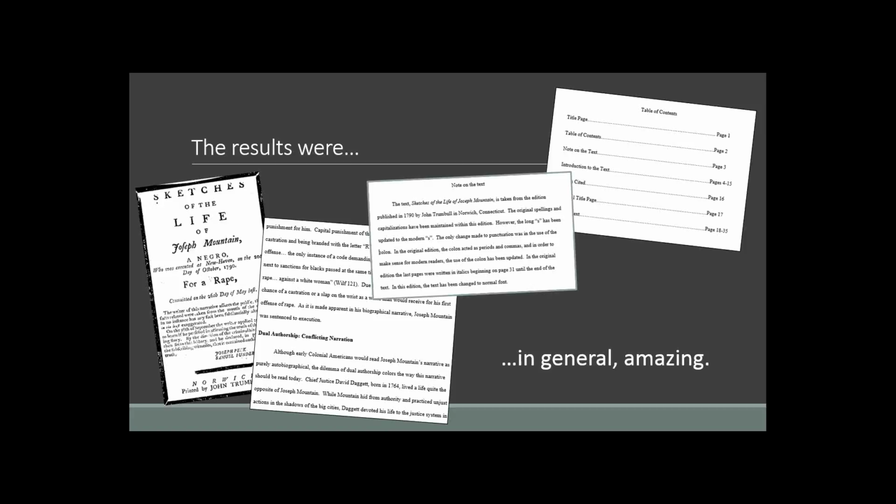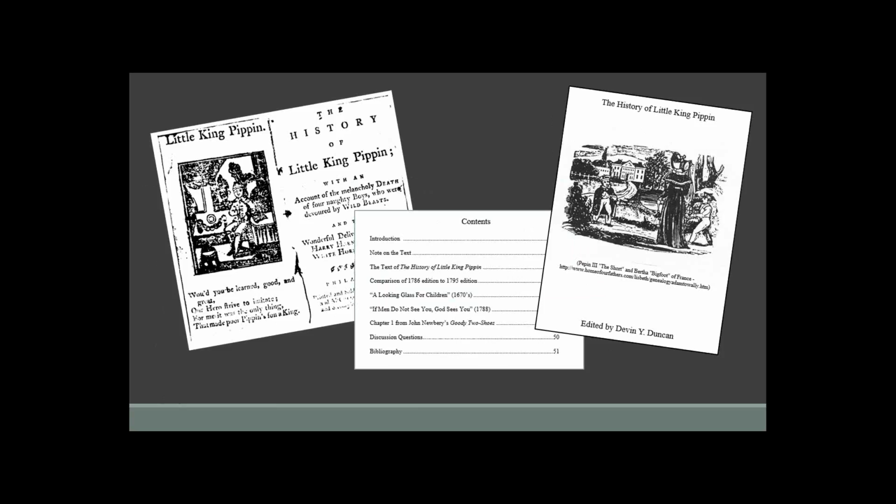So this next example was a book that was used for educational purposes, and this student found this fascinating. It's entitled The History of Little King Pippin, with an account of the melancholy death of 4 naughty boys who were devoured by wild beasts. And she just found it fascinating how these stories were used for an educational setting, stories that we would not tell our young children now.